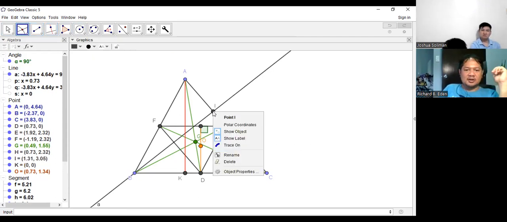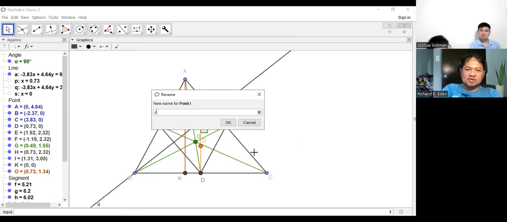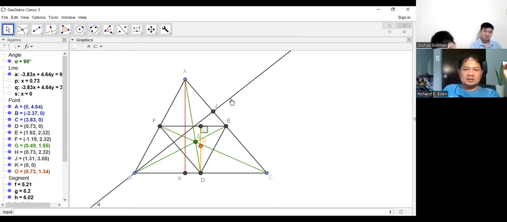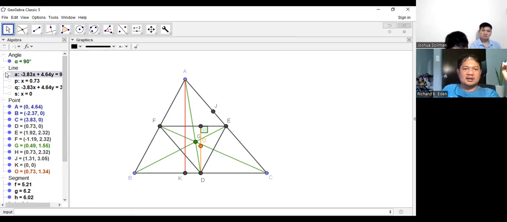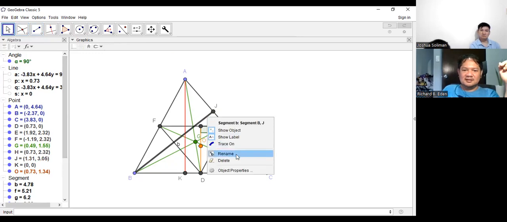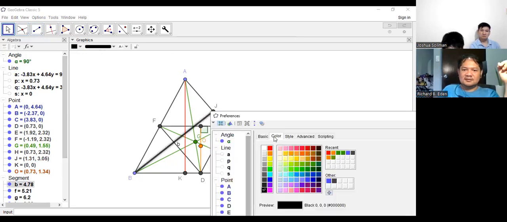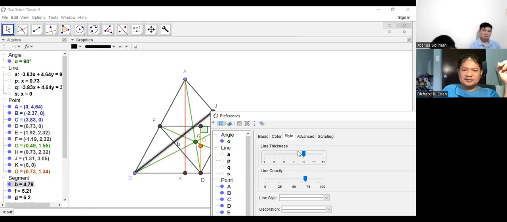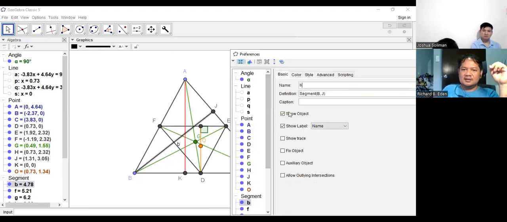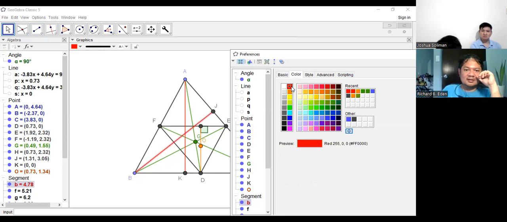So, but of course, again, I don't want that label. J naman. Okay, then this line, not really needed. I need that. Nine-point center. So, style 5. Okay. And then label B, let's use red. Okay.